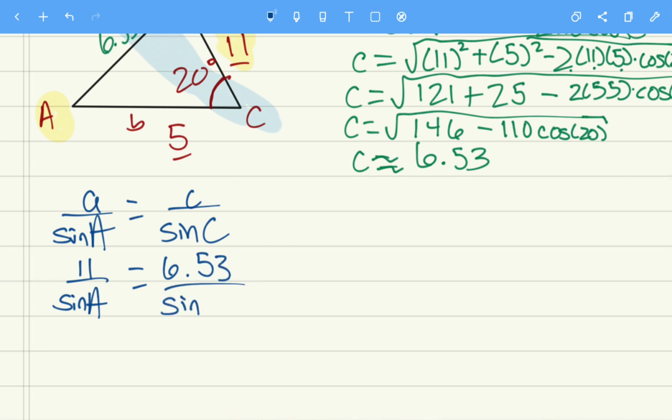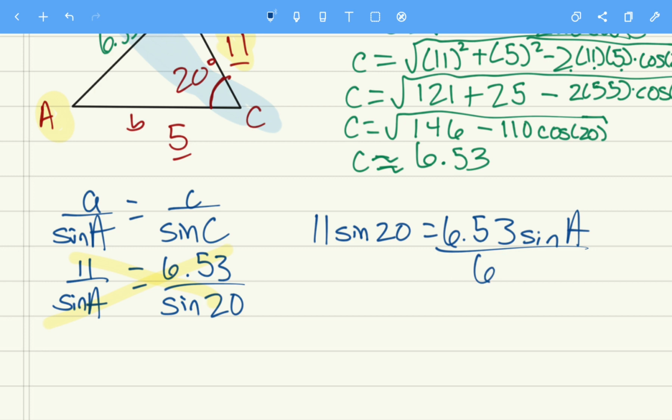Angle C is 20, so divide that by sine of 20. Cross multiply. We get 11 times sine of 20 equals 6.53 times sine of A. Divide both sides by 6.53. We have 11 sine of 20 over 6.53 equals sine of A.